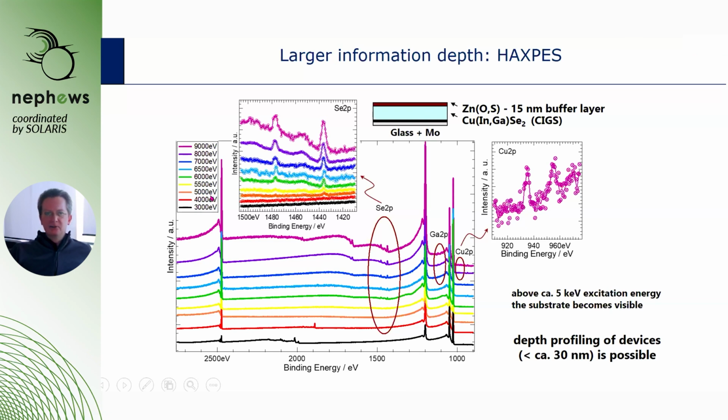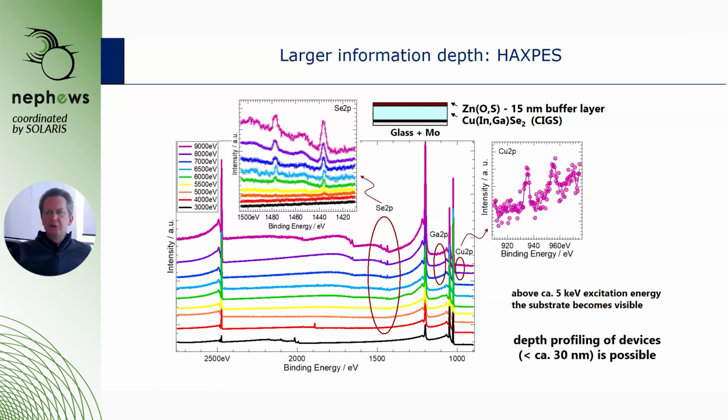But as we increase the photon energy, in this case up to 9000 eV, we see gradually an increase of a signal that's coming up here, shown in the inset. That's the selenium 2p core level. So we start seeing information from a CIGS absorber below the 15 nanometer thick buffer layer.